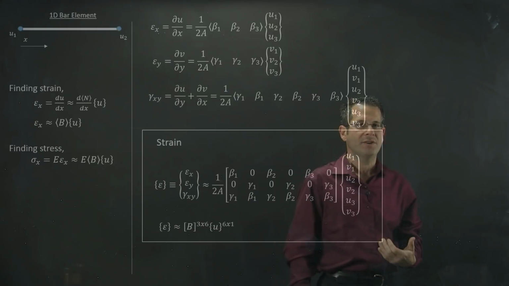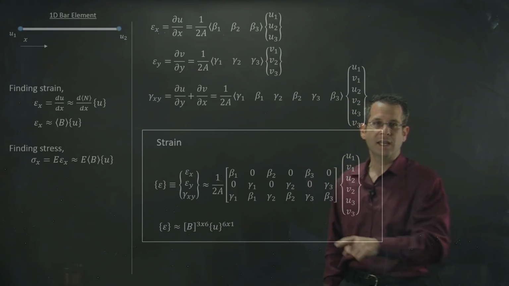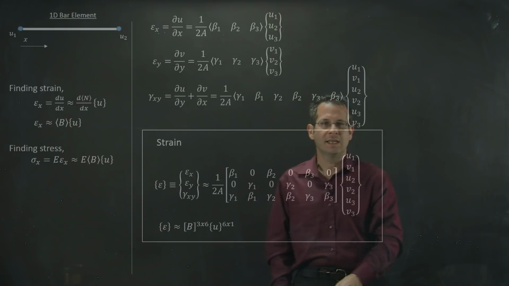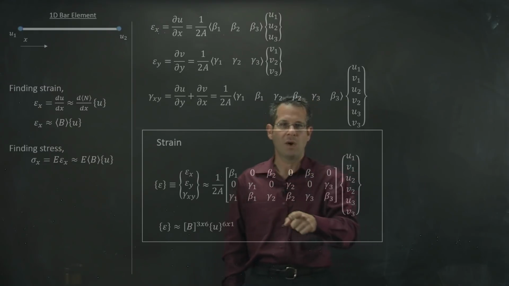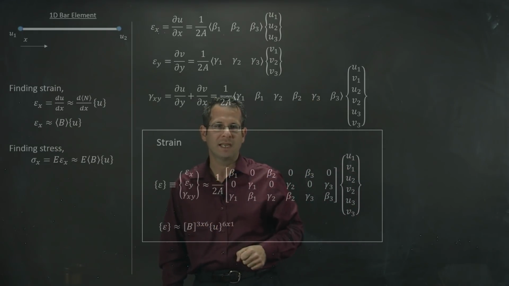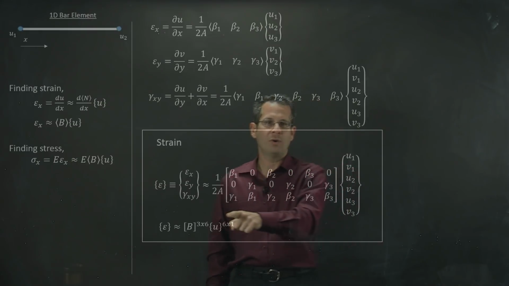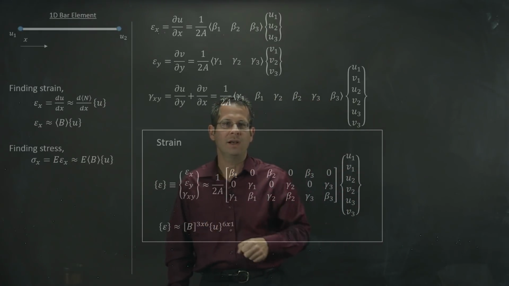Notice that the B matrix is now a matrix, not a vector. It is a 3 by 6. To get strain, I need to multiply it by my displacements. That's a 6 by 1. The inside dimensions are both 6. I will get out a 3 by 1.